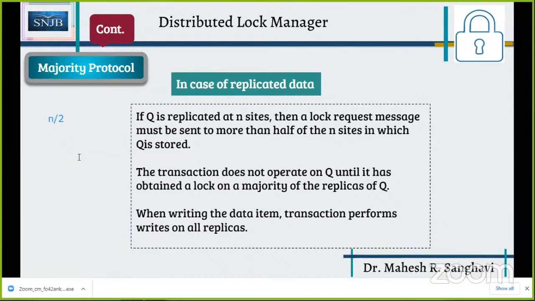Whenever we get the messages that yes, we can give the access, and when the majority comes, then access to that particular data item will be given. This is the beauty of this particular scheme.